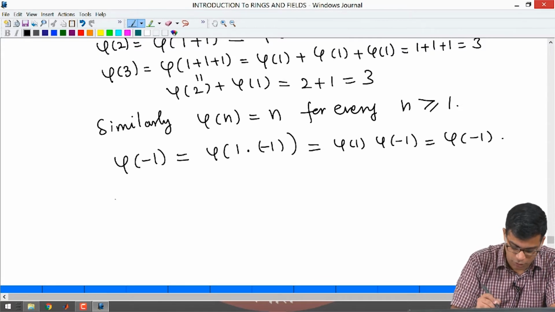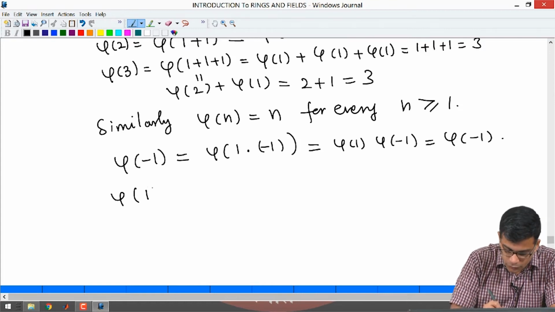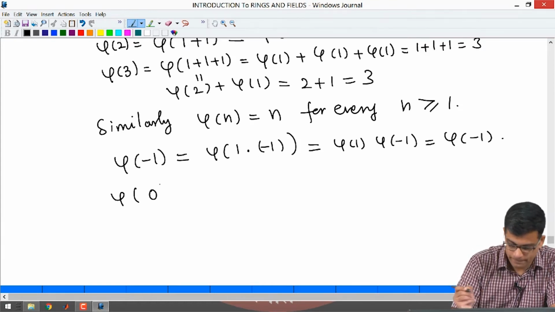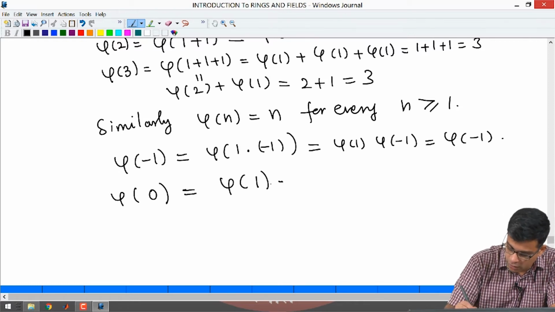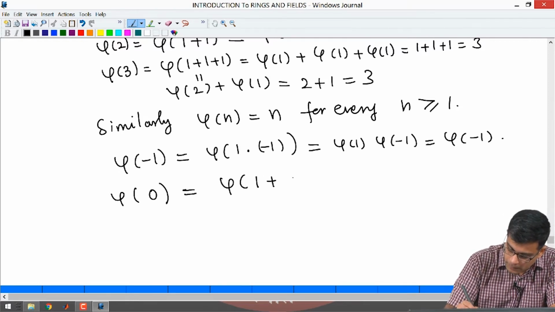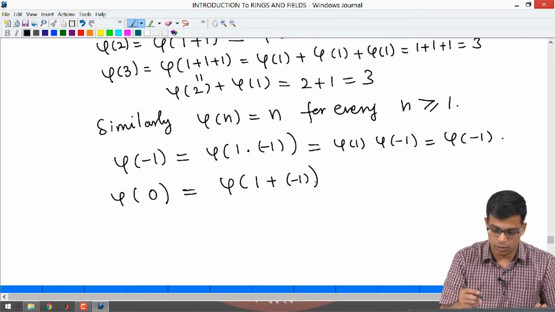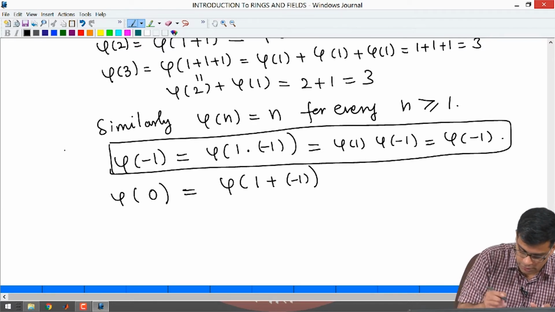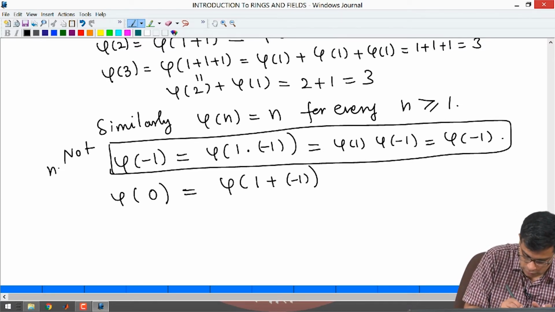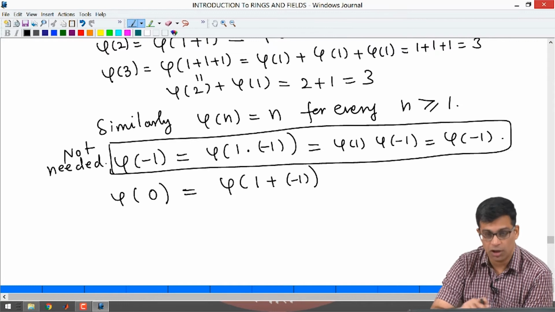So, let us try to find out phi of 0 first. What is phi of 0? So, 0 is 1 plus minus 1.